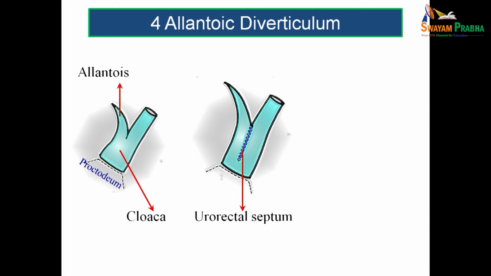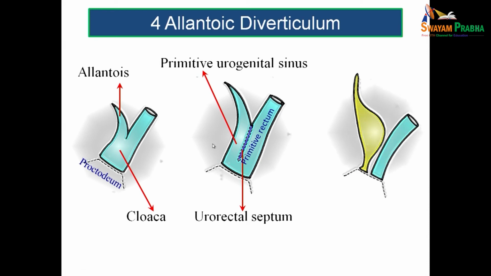One anterior portion, to which you have the attachment of the allantoic diverticulum, and the posterior segment. What do you call the posterior segment? The posterior segment is actually in continuation with the gut. So, that is the primitive rectum, and the anterior segment is known as the primitive urogenital sinus.